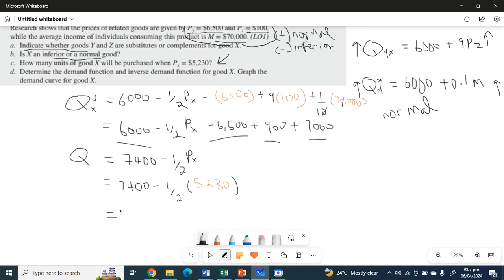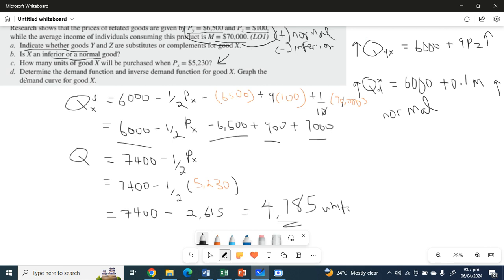So 7,400 minus 2,615, we get 4,785 units. So this is how many units of good X will be purchased when the price is 5,230.